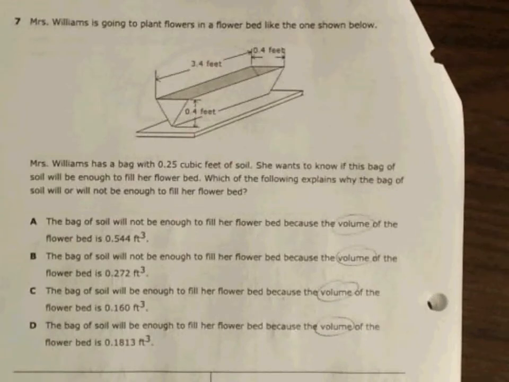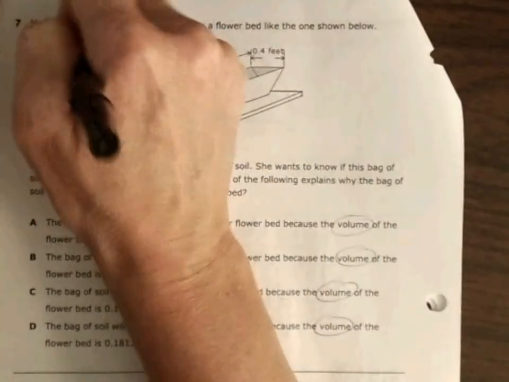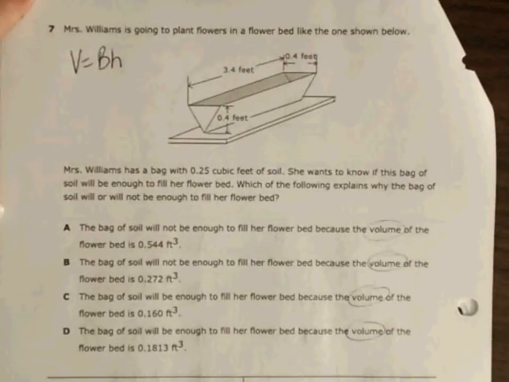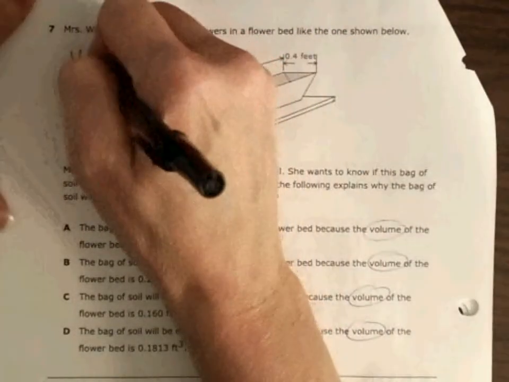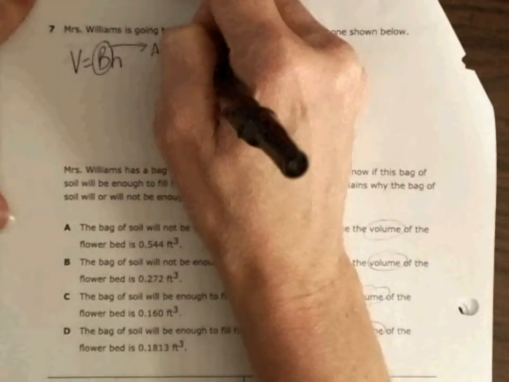Look for volume. We actually have a prism, and to find volume, it is volume equals big B times height. So we're going to write this up here to keep ourselves straight. Big B represents the area of the base, which in this case is a triangle.